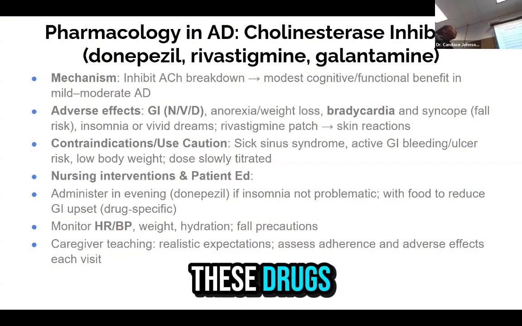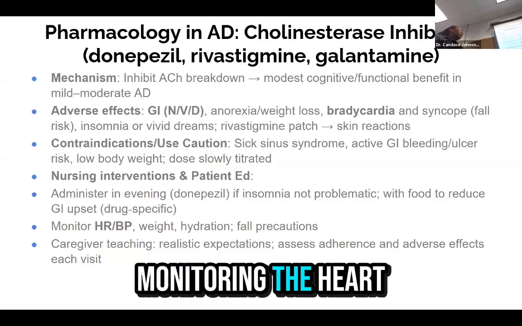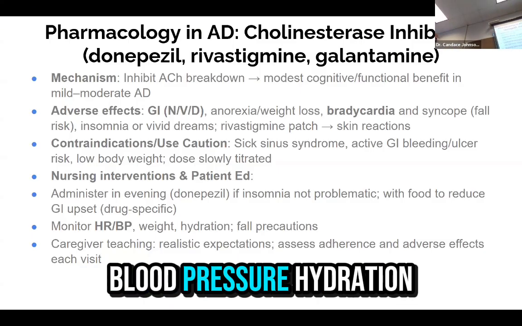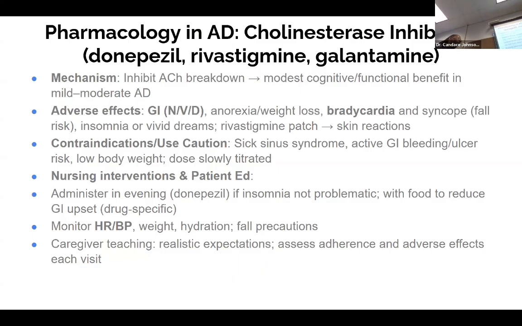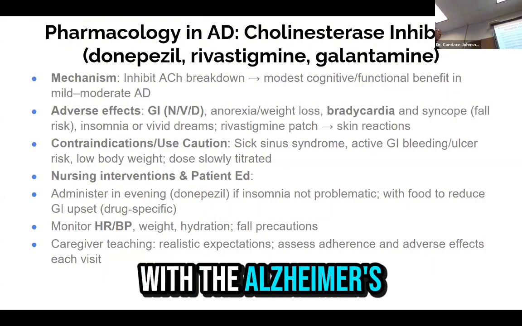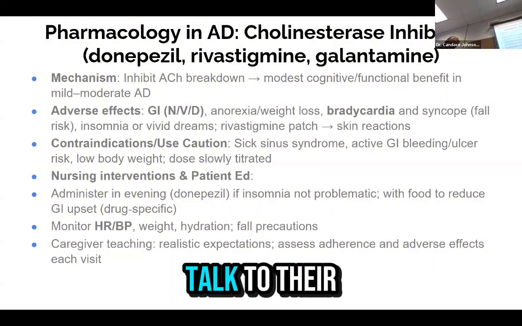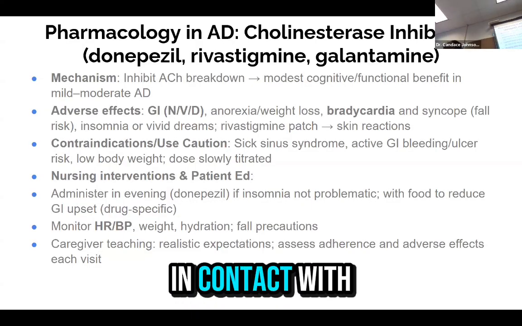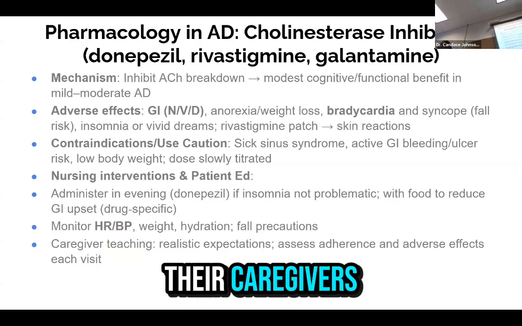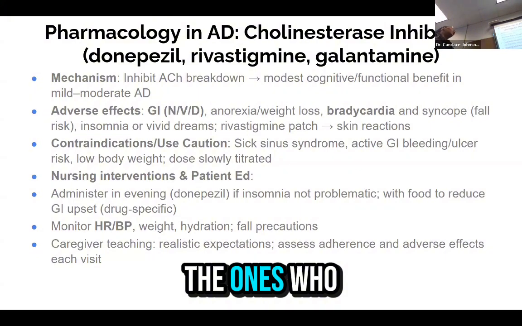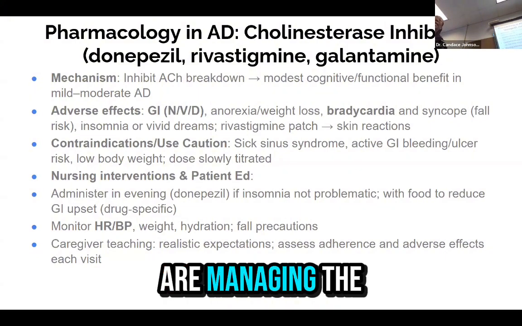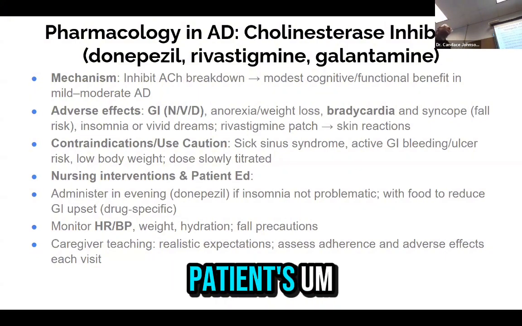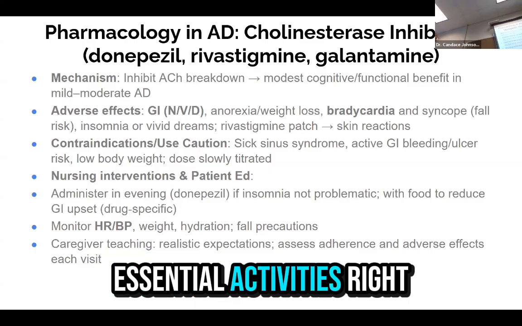And with most of these drugs, we're monitoring the heart rate, blood pressure, hydration, and fall precautions for everybody. Here again with Alzheimer's patients, we have to talk to their caregivers a lot as nurses, because they are the ones managing the day-to-day ADLs, the patient's essential activities.